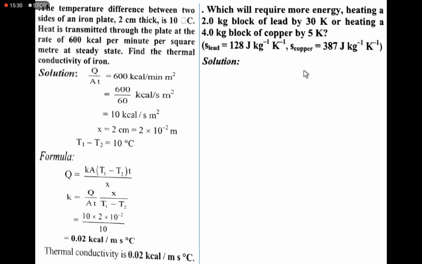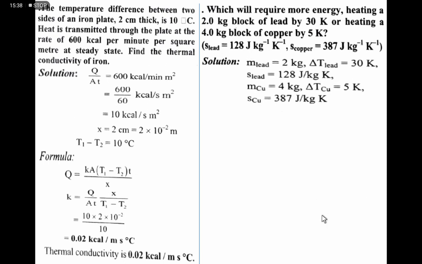Again, we have to use the equation for the specific heat capacity of the body. Now here the given data is: mass of the lead is 2 kilograms, difference in temperature is 30 Kelvin, and specific heat of the lead is 128 joules per kilogram Kelvin.